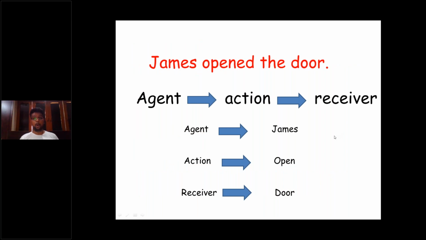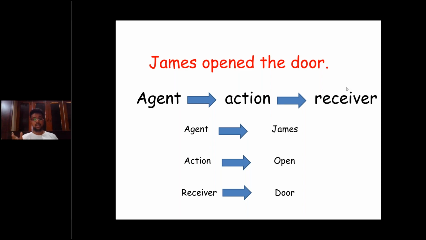Now, a very important page is on your screens. Please see. I have written a sentence here. The sentence is, James opened the door. We have signified the parts of our sentence with certain terminology.